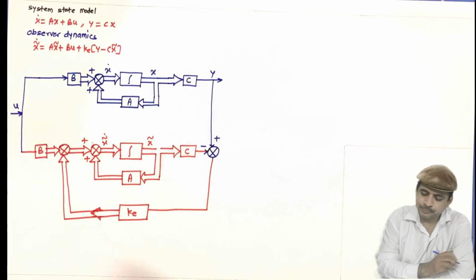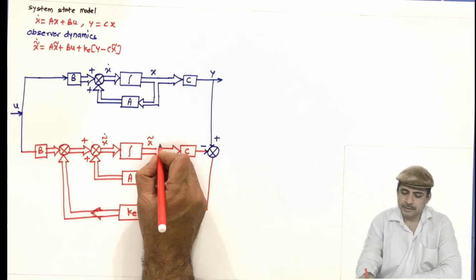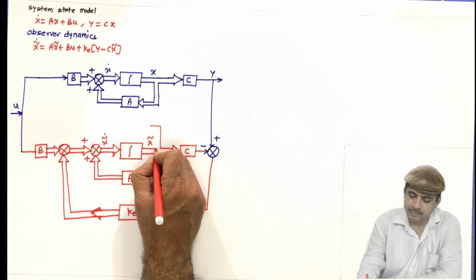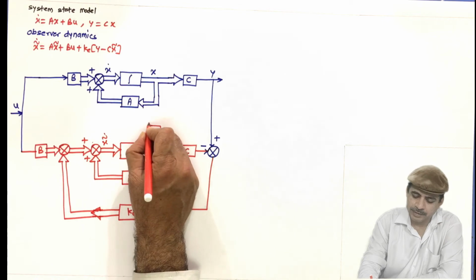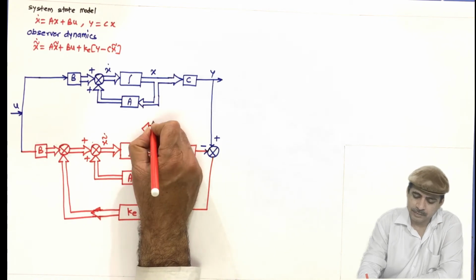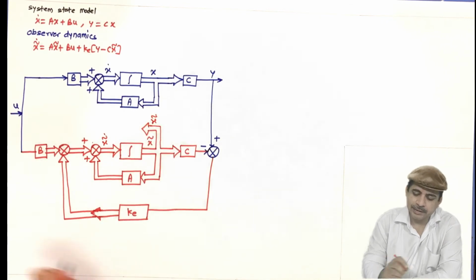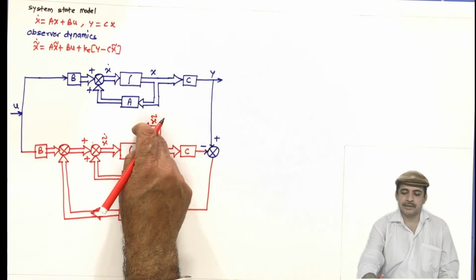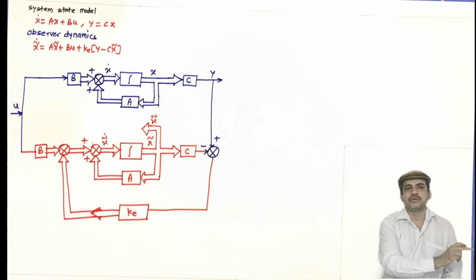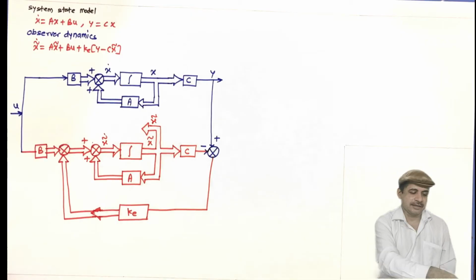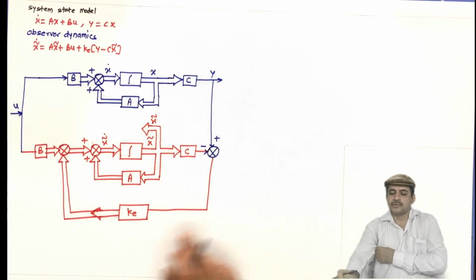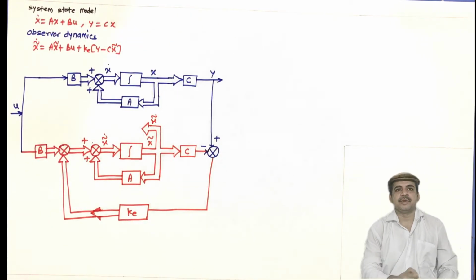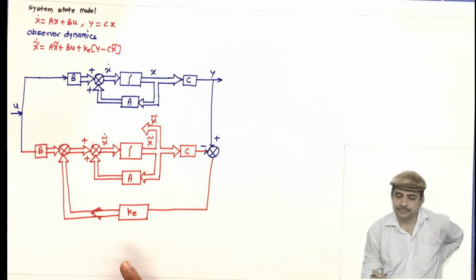This is u and this is the state available for feedback x tilde, and what we can do, apply here minus k and put it here to get u is equal to minus k x tilde. Now this is the complete diagram for the state estimation system.